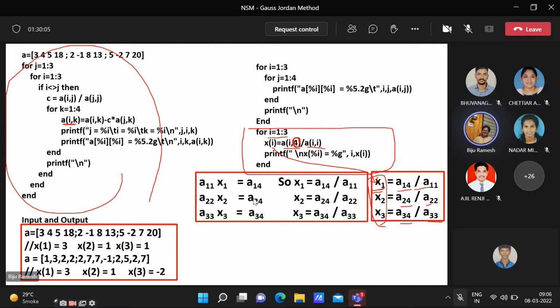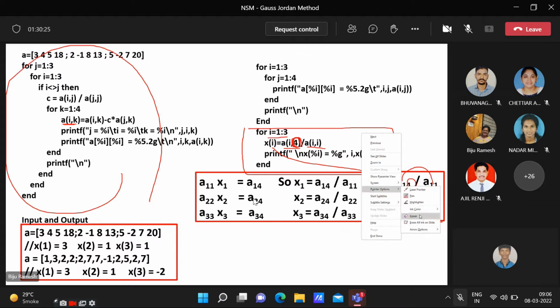Only that much change you have to make. This 4 we explicitly write because everywhere it is 4. It is not changing, but others are changing. The first time it is 1, then 2, then 3, but this 4 is not changing. So we are writing it as 4 straight away. Is it clear, everyone?